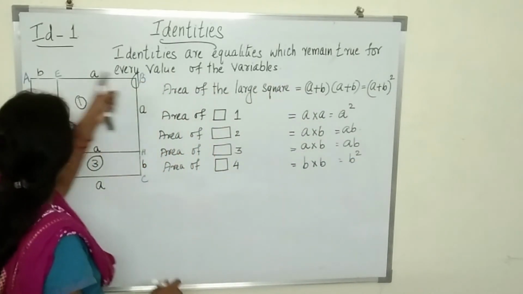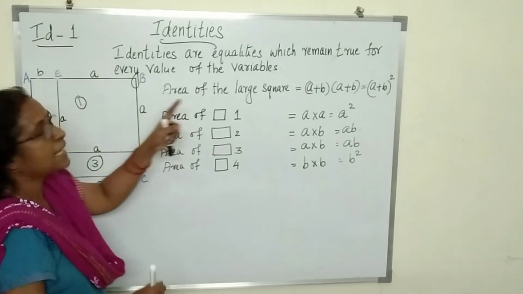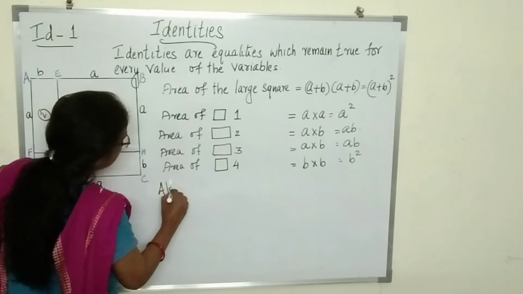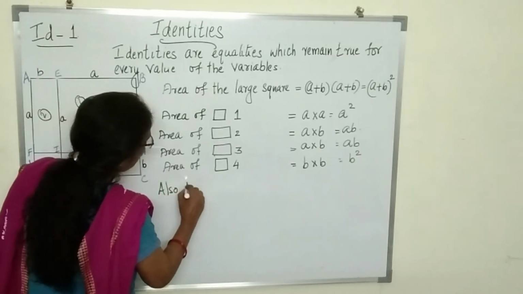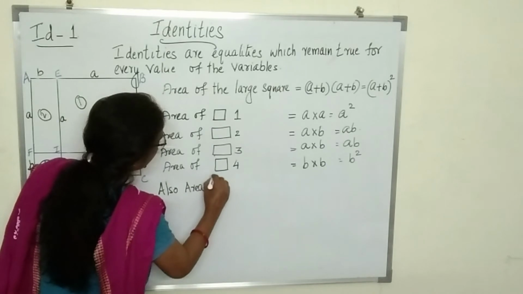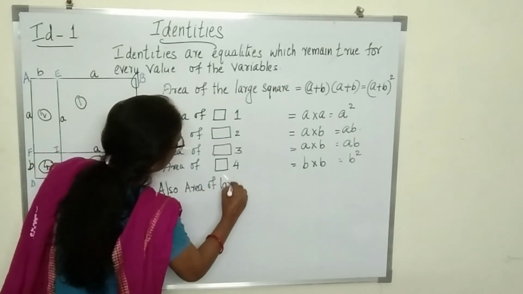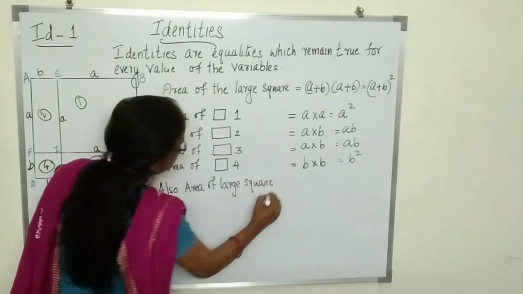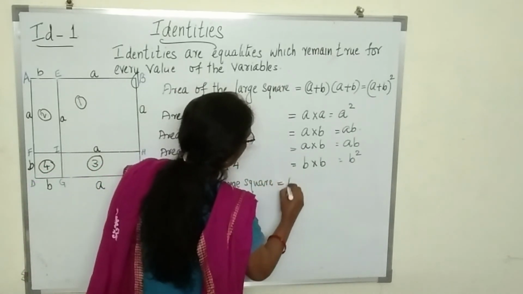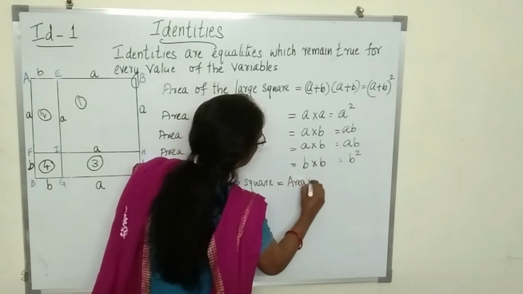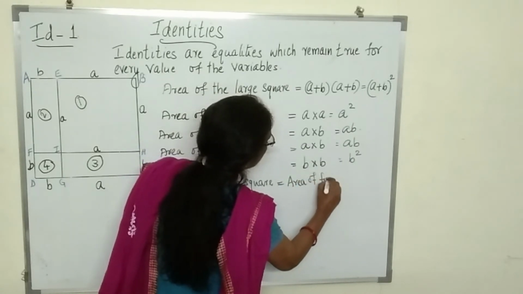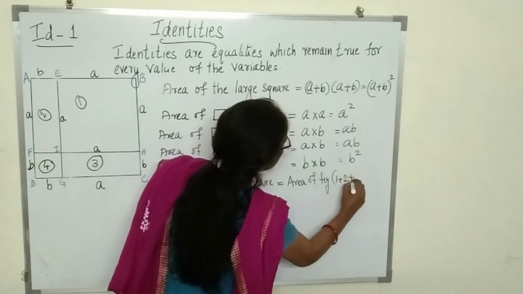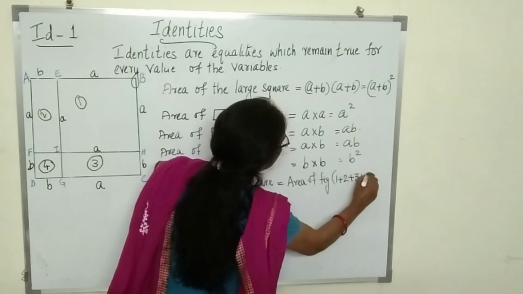Now, the total area is A plus B whole square. Also, the area of the large square is equal to the area of figure 1 plus 2 plus 3 plus 4.